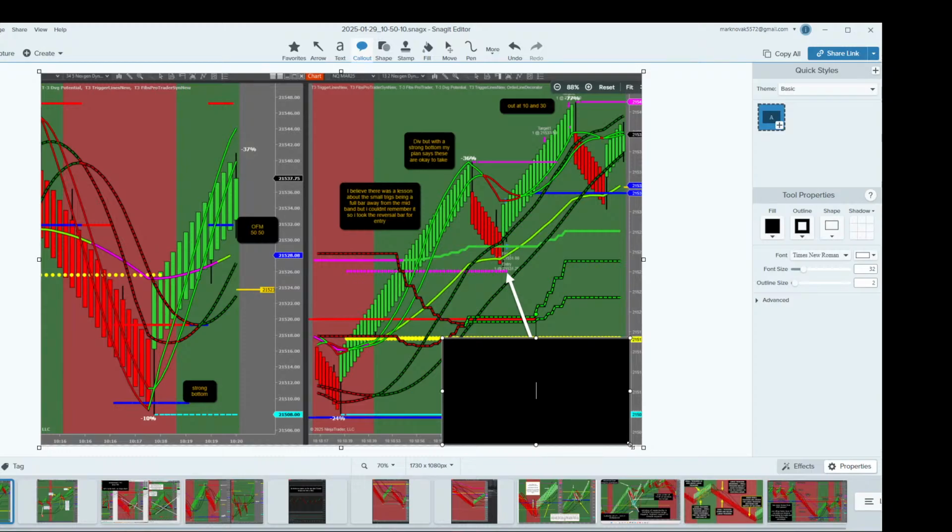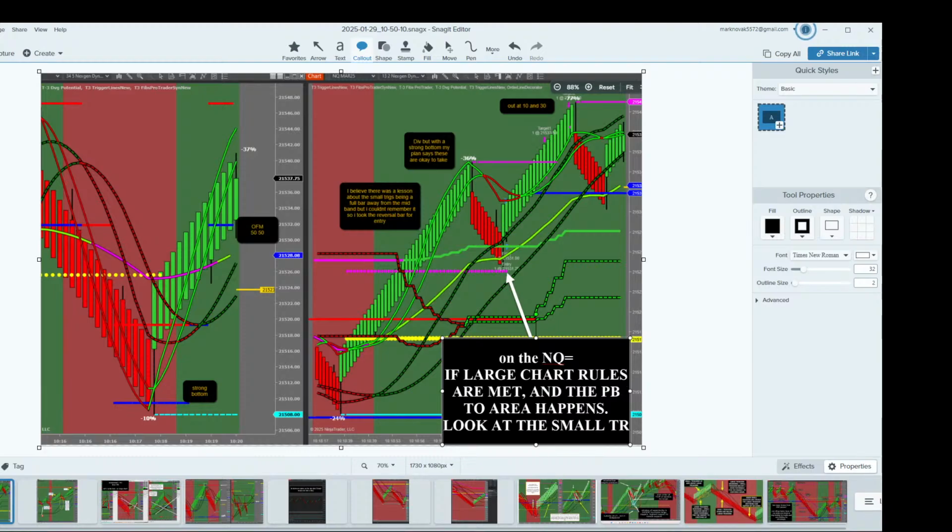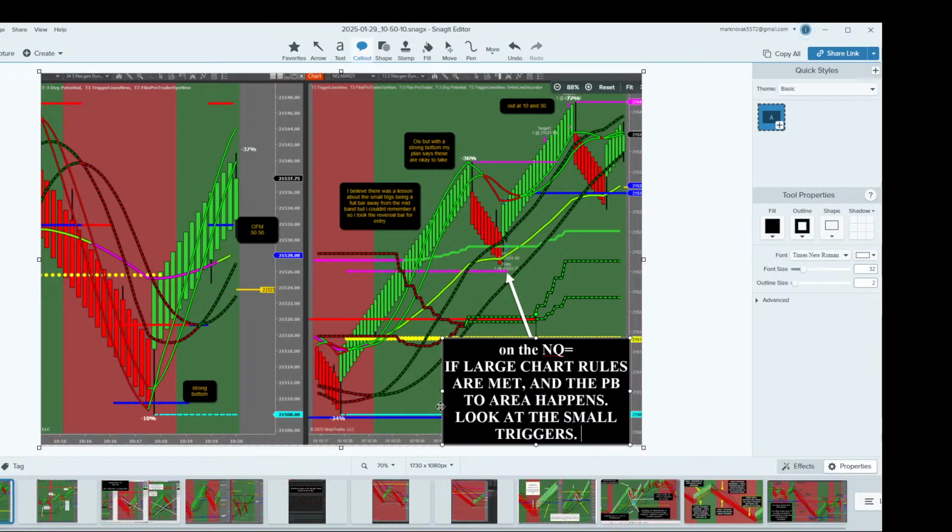So we're going to get lessons on everything. On the NQ, if large chart rules are met and the pullback to area happens, look at the small triggers. I guess we have to make this bigger, huh?